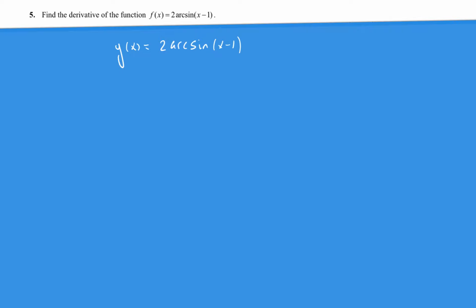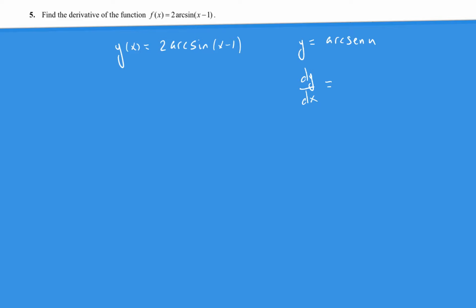What I do remember, but I'm not sure about that, is if y is arcsine of u, what is the derivative of y with respect to x when u is u of x?